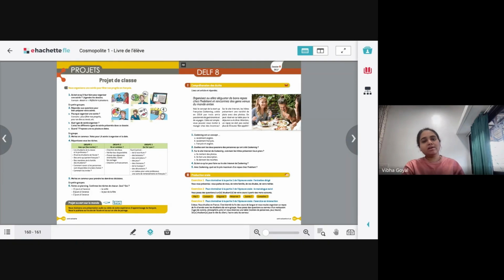Okay, and for TCF, there are three parts in the writing. One is a small letter or article, an email. Second is a letter or message which is longer than the first one.